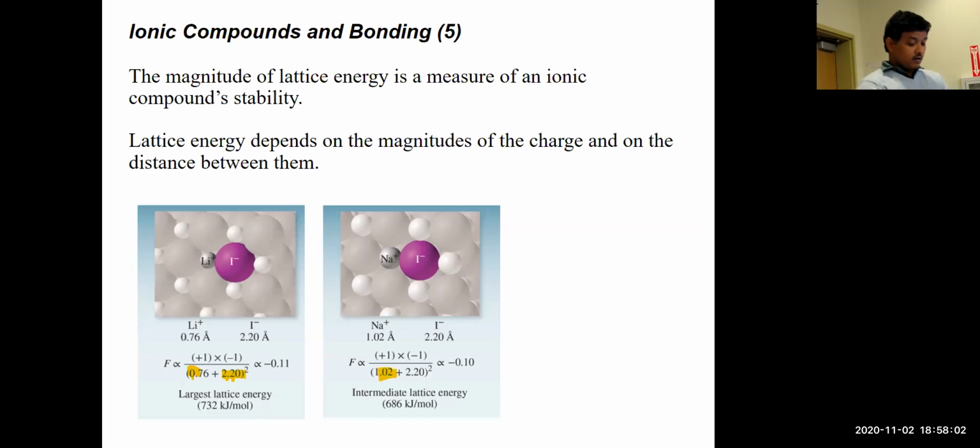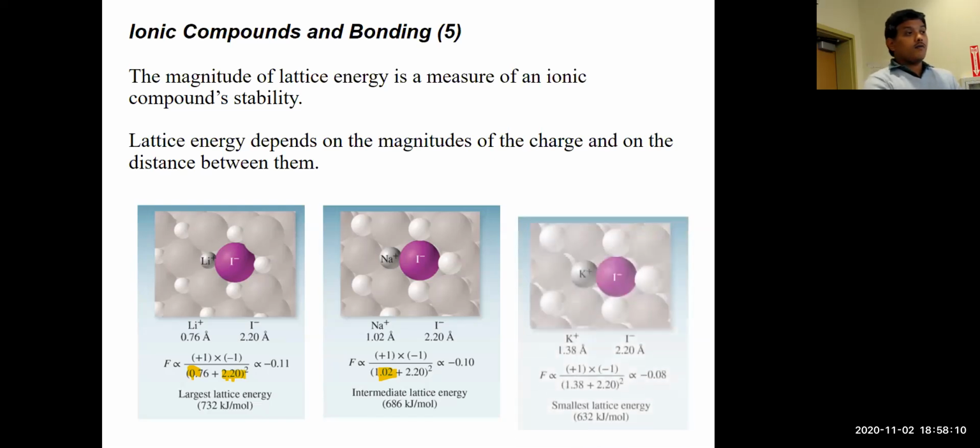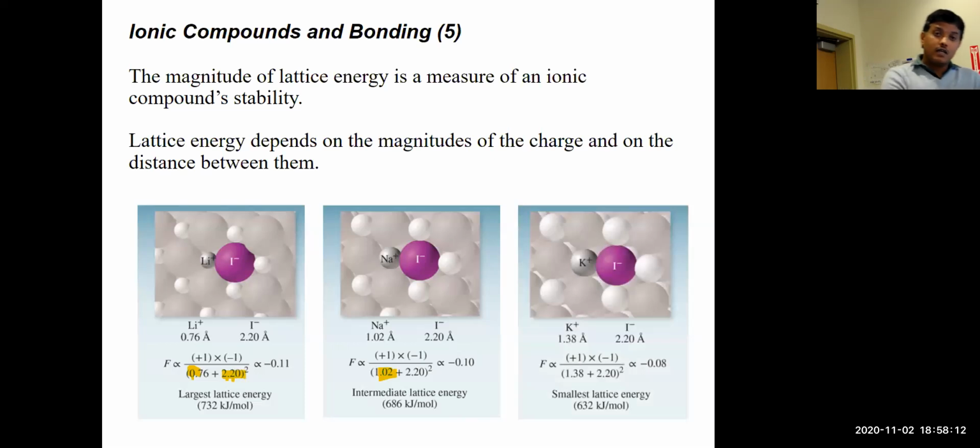So the electrostatic attraction force between sodium and iodine is a little bit less compared to lithium iodide. And what happens if you had a much larger element from the same group compared to lithium and sodium? Potassium, the next element in group 1 after sodium, has a much larger atomic radius compared to lithium and sodium, so it has less electrostatic attraction between those ions.